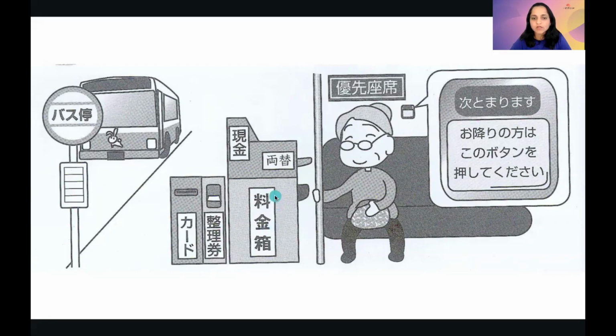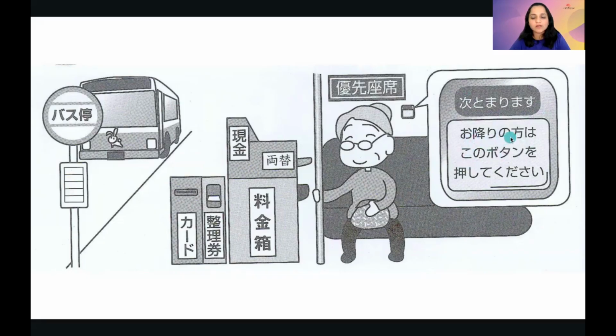Then ryokin bako. This one is hako, box. In the word, this becomes bako, ryokin bako. Next one is yusen zaseki. Tsugi, next, tomarimasu. Tsugi, tomarimasu.